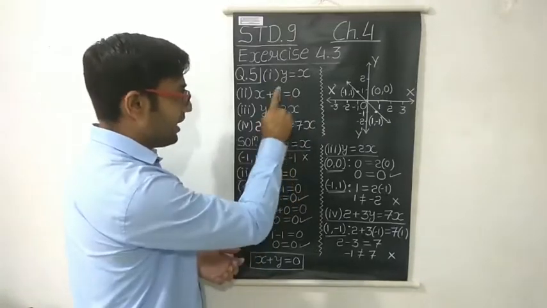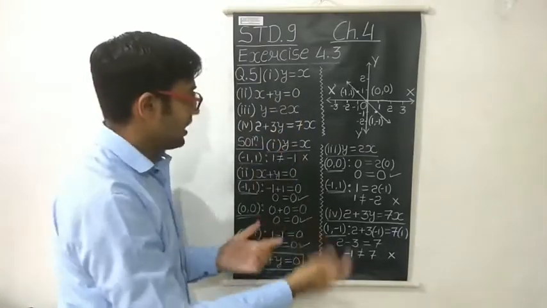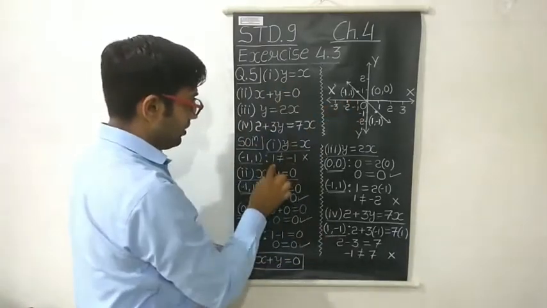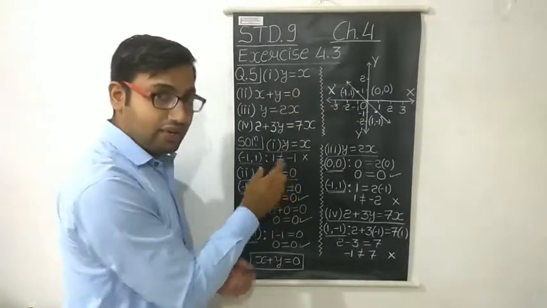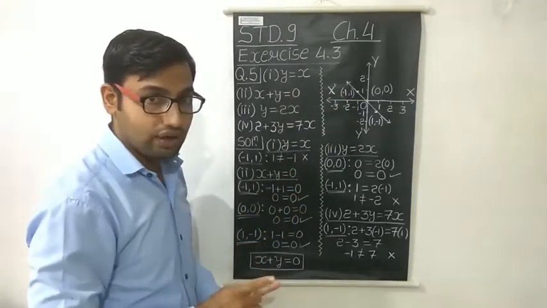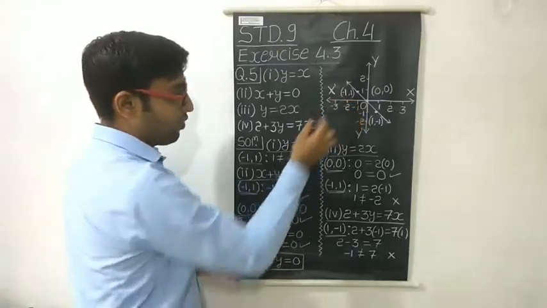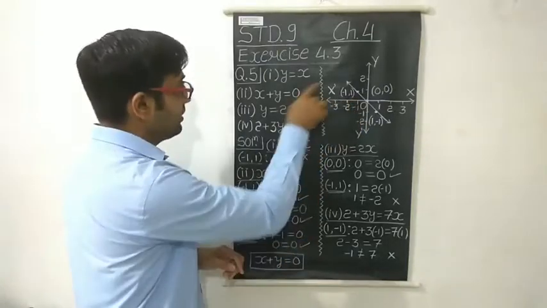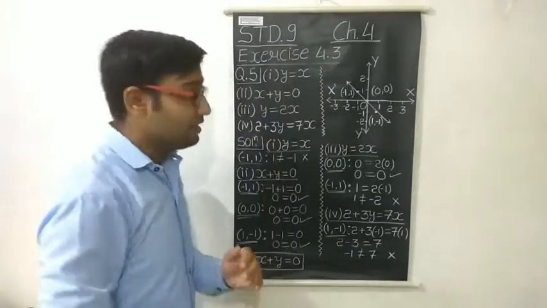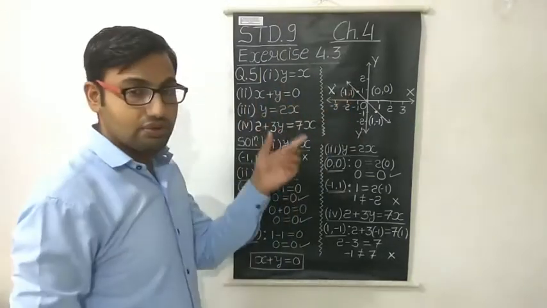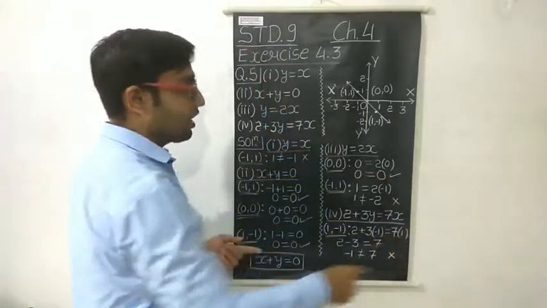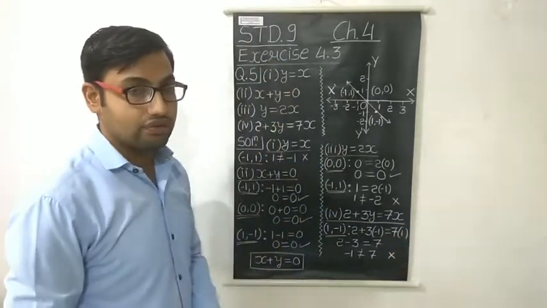As y equals x, y means 1 and x means -1. Are they equal? No, they are not equal. That means the first point is not satisfying this equation. That means this is not the graph of this linear equation.